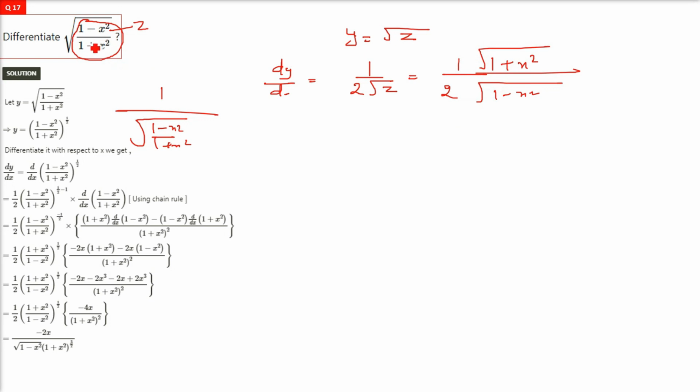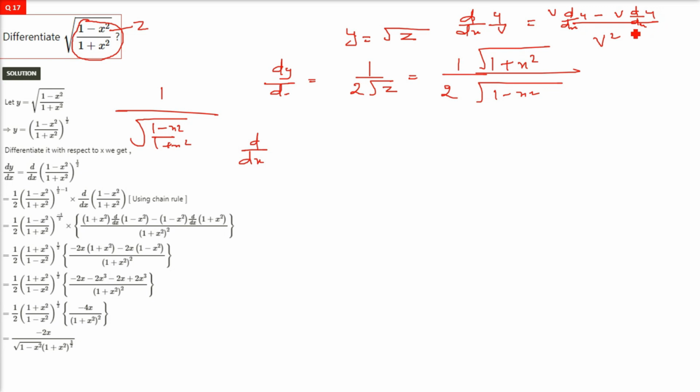But we still have to do this differentiation of 1 minus x square by 1 plus x square. So d by dx of this u by v form is v square in the denominator, v d by dx of u minus u d by dx of v.